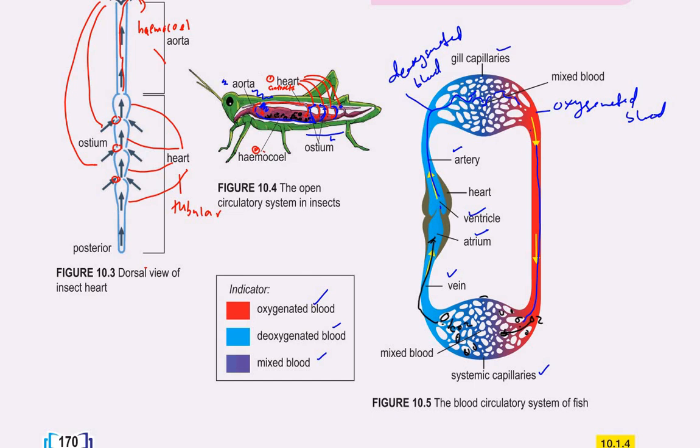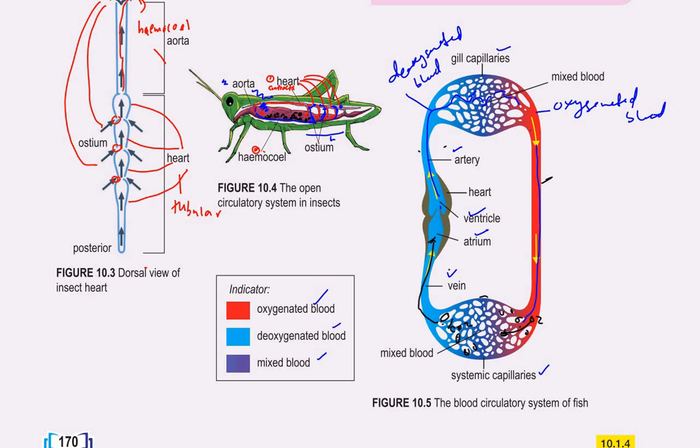So now we can see that actually the blood will mix at the gills capillaries and the systemic capillaries, but at the side here, the blood will be oxygenated blood. The other side will be deoxygenated blood. That means artery and vein both carry deoxygenated blood in fish.